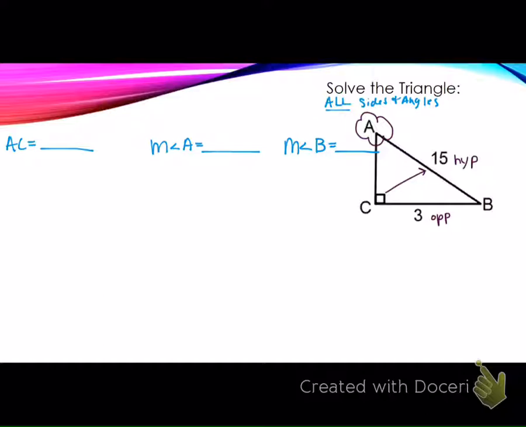So we write down SOHCAHTOA. And we know an opposite and a hypotenuse. So which trig function are we going to use? So that's 3/15.